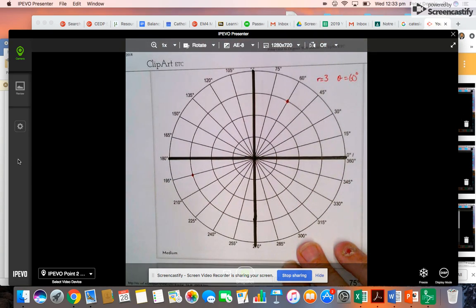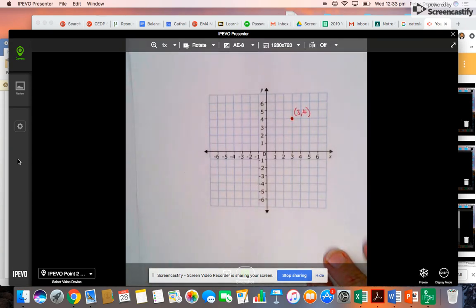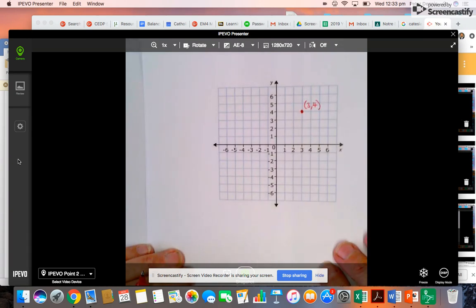So the modulus is 3, and the argument, well, that's what we call it, is 60 degrees. Over here, we might say it's a modulus of 3, so r equals 3, and again, theta is 195 degrees. And we could do that in radians as well. So let's have a look at how we switch between the two.